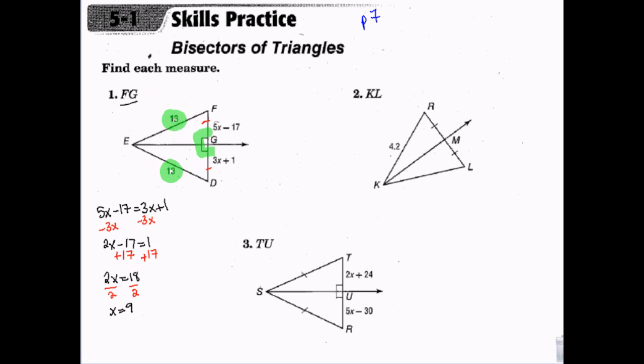And FG is 5x minus 17. So I'm going to plug in the 9 for the x. So I get 45 minus 17. So that's 28. 28, yeah.